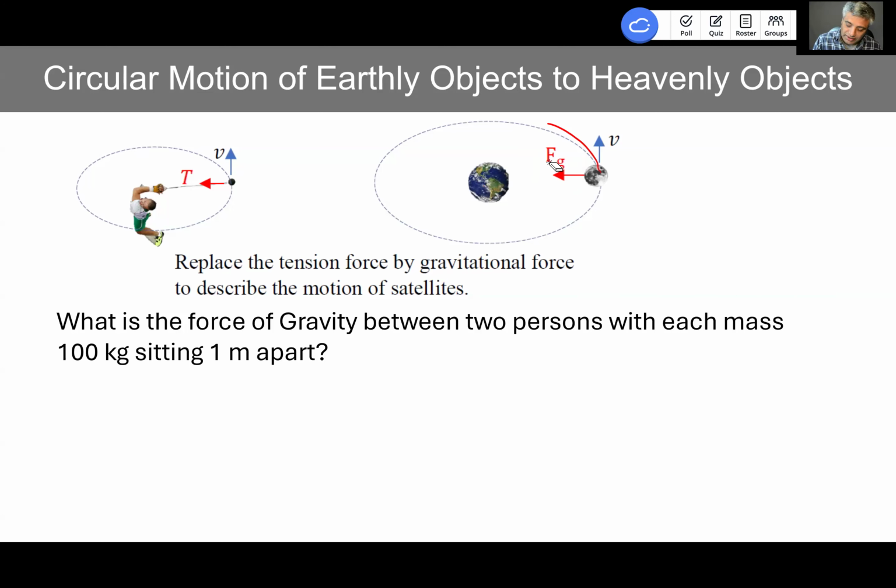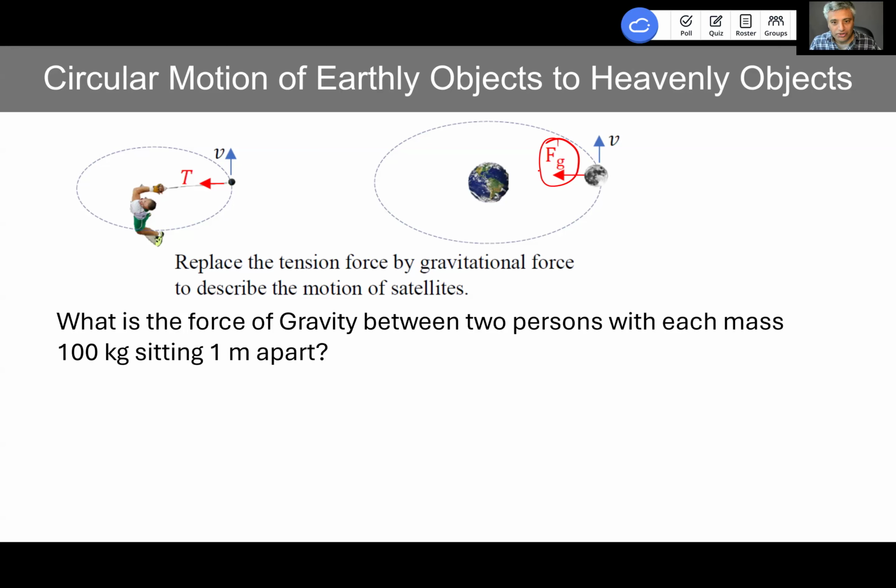So in today's class, we will write down the equation of the force of gravity, and then we'll use that equation in Newton's laws of motion to describe the orbital motion of these satellites. Natural or artificial, does not matter. The same physics applies to both.